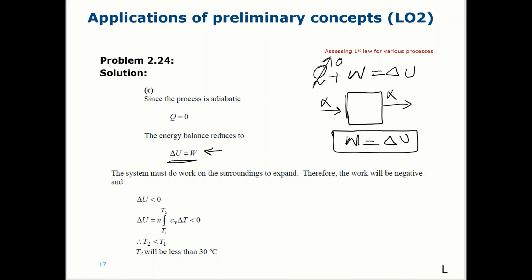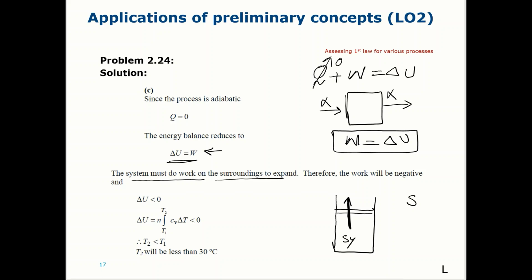Now, in this case, because we don't have enough information, we need just common sense. The system must do work on the surrounding to expand, like what is happening in the process. It is expanding, right? So this is your surrounding, and this is your piston, and this piston is expanding, right? This is your system.